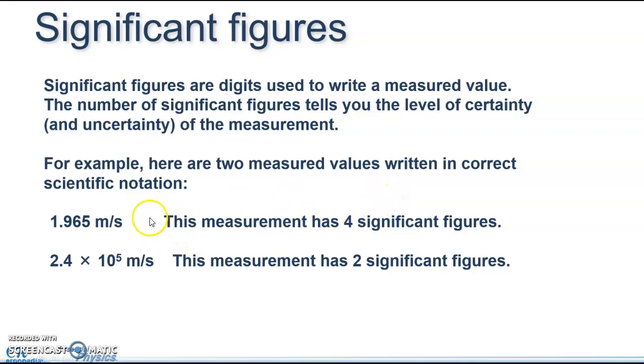So we've got a couple of measurements here, and you can see this one has 4 significant figures, this one has 2. And we're saying that we actually measured this speed exactly to be 1.965. There'll be some uncertainty in the last digit, maybe plus or minus 0.001. This one's probably plus or minus 0.1.